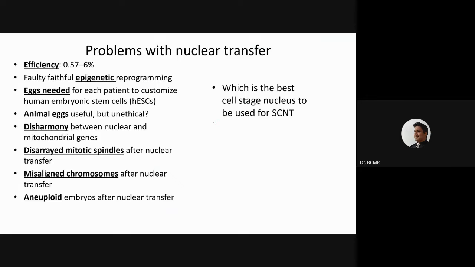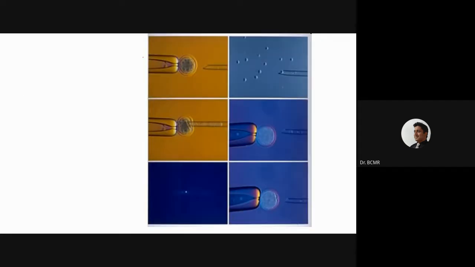Usually this is how the suction pipette is. This is a suction pipette. It is an embryo. I'm just showing how a somatic cell nucleus can be put into an enucleated egg.